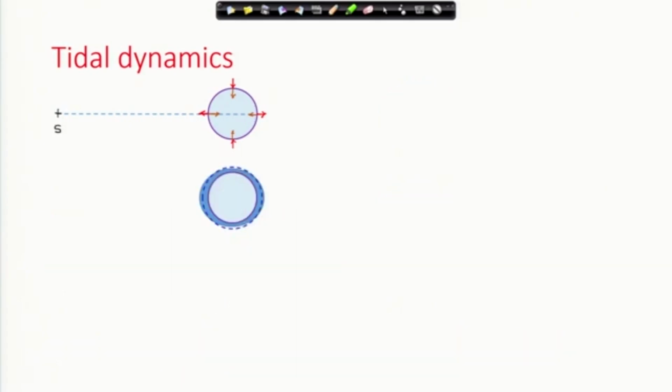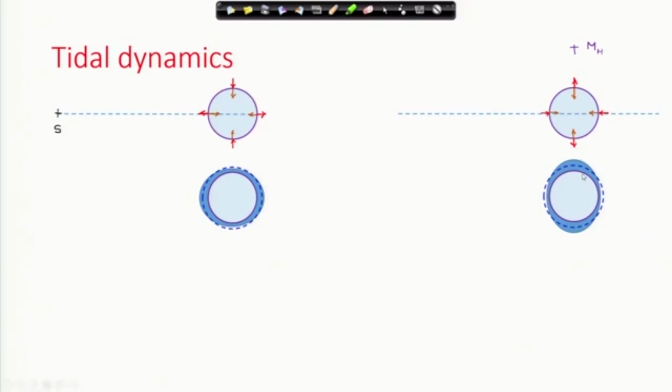Whereas, if you have, this is again the sun, because of the sun you have tidal bulge. Now, the moon's location is 90-degree to the sun earth line. In that case, the tidal bulge because of the moon is rotated by 90-degree with that of the sun, and you will notice that they are in opposition. The moon tends to pull the tidal bulge toward itself, whereas the sun depresses it.